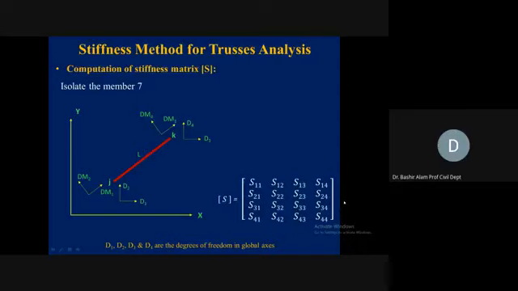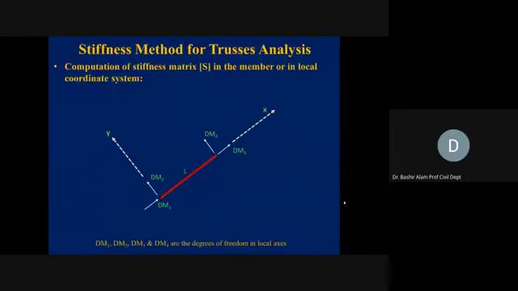So this is how the stiffness coefficient matrix with regard to the local axis is generated in the local axis system.